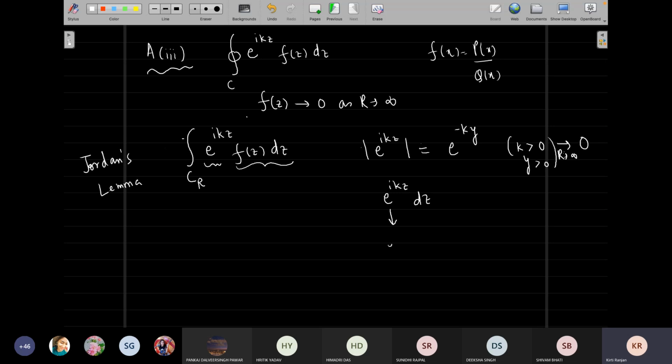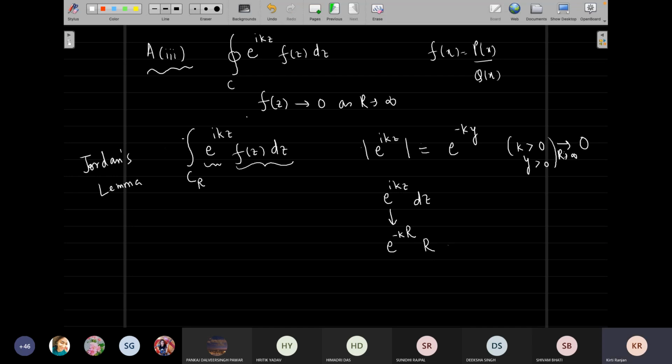So now think about how this e^{ikz} times dz is behaving. e^{ikz} goes like e^{-kr} as r tends to infinity. dz goes as, sorry, not 1 by r, it goes as r.